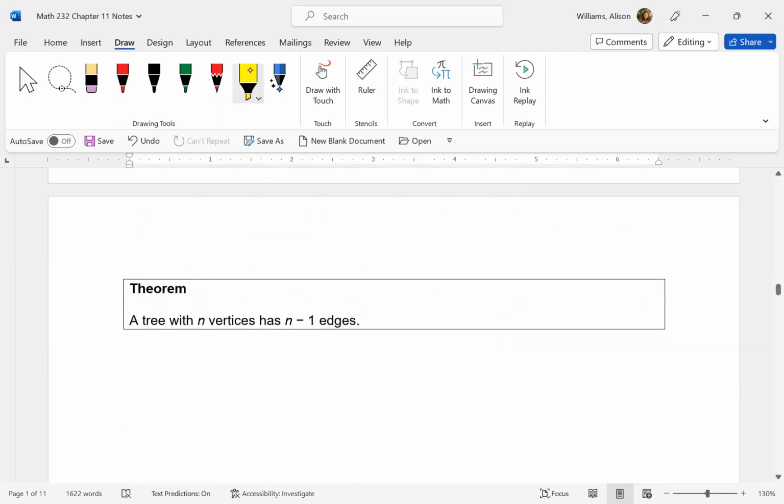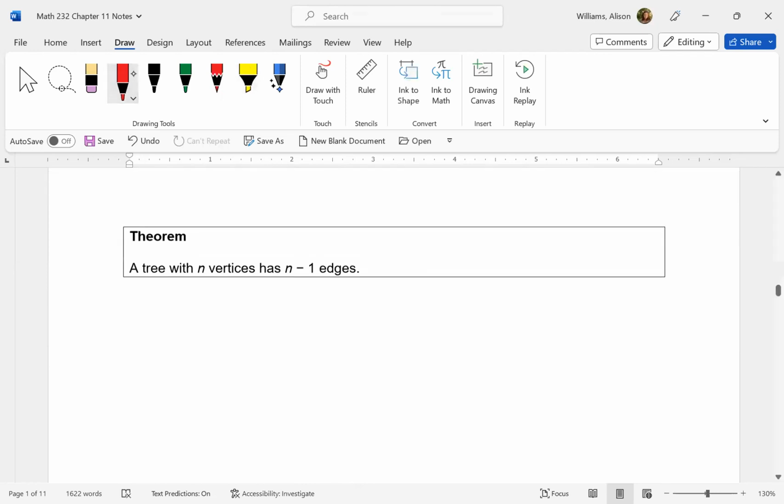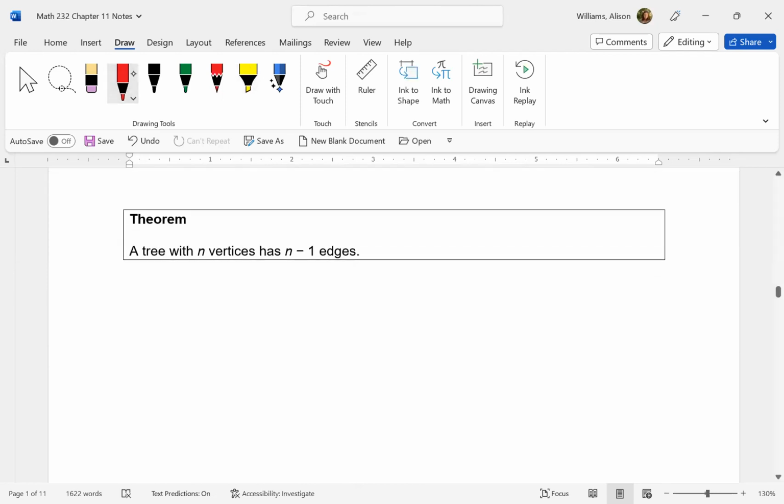So first of several theorems we're going to look at, they're actually not too bad. A tree with n vertices has n minus 1 edges. It's actually very logical when you think about it, but let's do a proof by induction, and it's not too bad at all. So we'll start with the basis step, where we show that it's true for n equals 1.